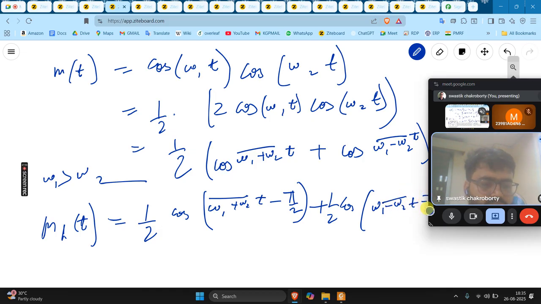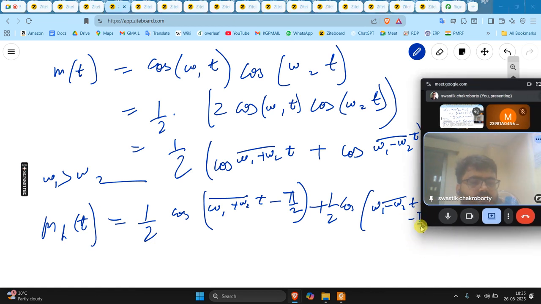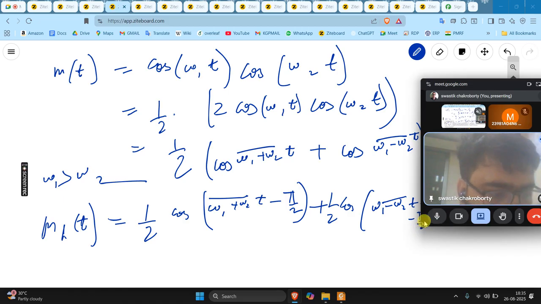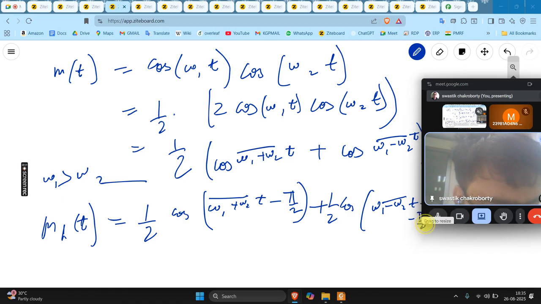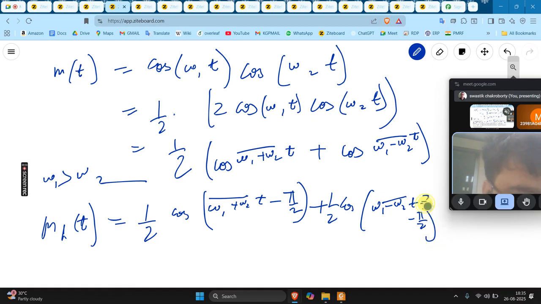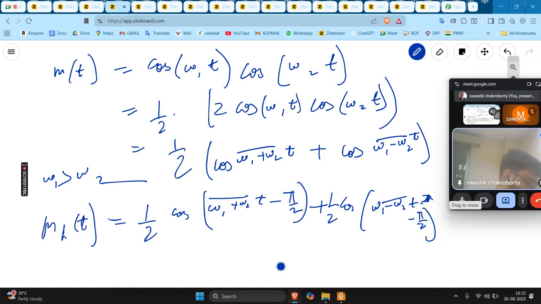Now since cos is an even function, cos a minus pi by 2 can be written as cos pi by 2 minus a.